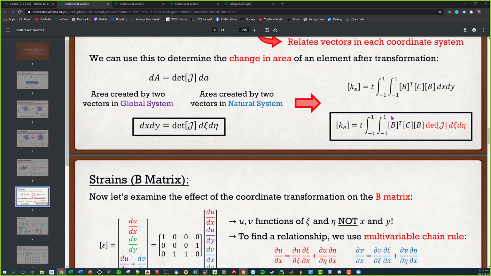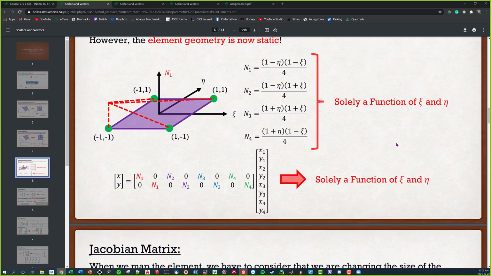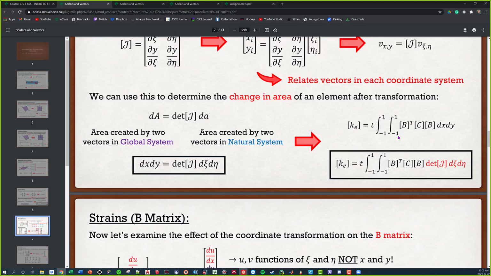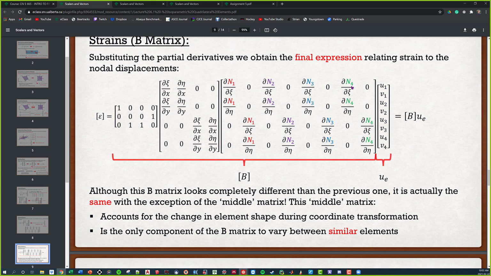What is going to be the key to determining this matrix B? If I come back down here to where we said what B is, we need a couple of things. Do I need to define anything right here? No, it's just constant values, so that's not going to be a problem. Now, when it comes to these second and third matrices, in the end, they're a function of these partial derivatives, but everything can be traced back to one thing.